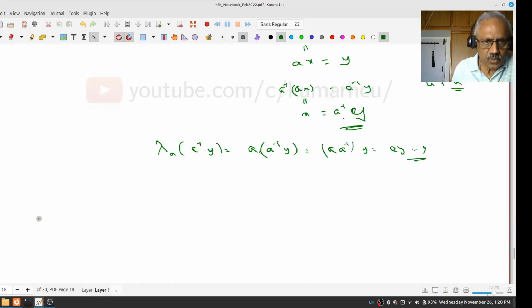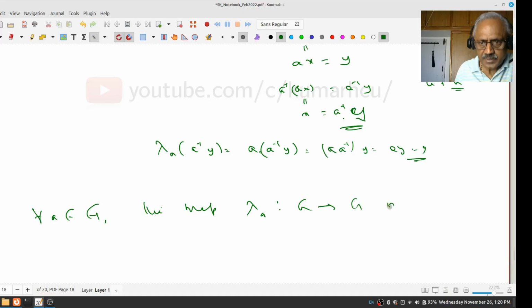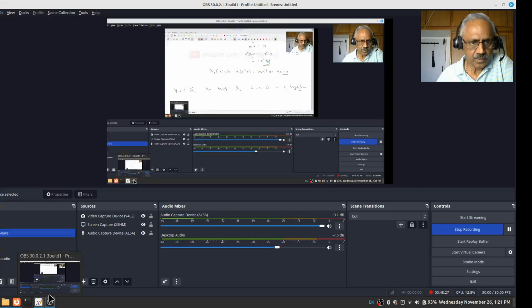Okay. So what have we shown? For every A in G, the map lambda A from G to G is a bijection. Notice that it is immaterial whether G is finite or infinite. Do you understand that? Now, lambda A, think of it as just a map from the set G to the set G. Because anyway, it's not a group homomorphism, so I should only think of a map.